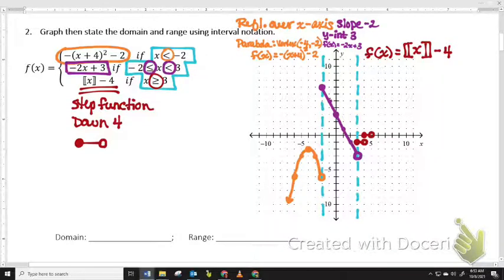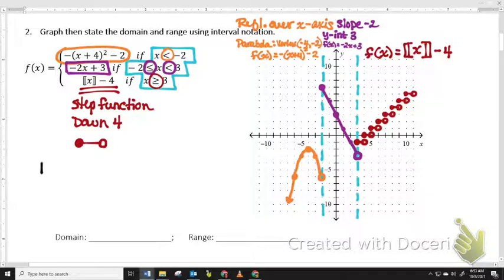All of my other steps are going to follow from there. Filled in and then open. Take your graphs all the way to the edge of the page, or the edge of your graph.